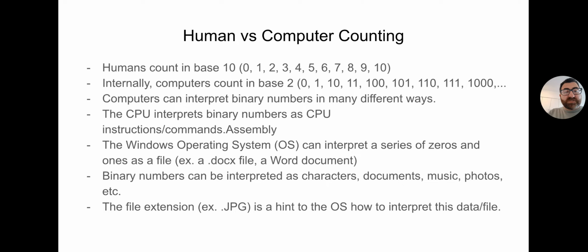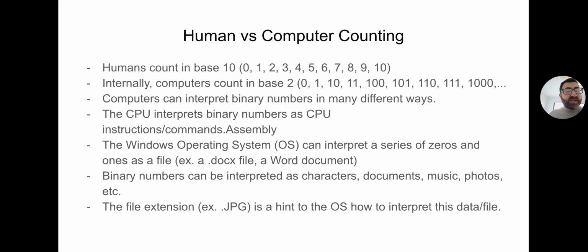If the extension is .mp4, that's a hint that this file is supposed to be interpreted as a movie. A .mp4 file is a video. If the file extension is .jpg, it's a hint to the operating system that this file is supposed to be interpreted as a photo. Photos are saved in JPEG format. It's a compressed format.